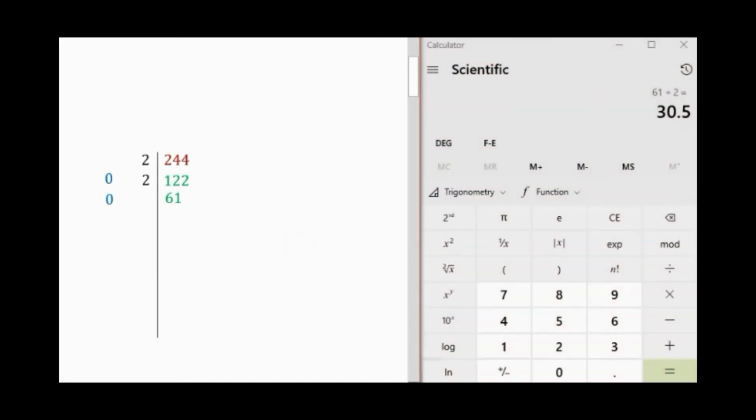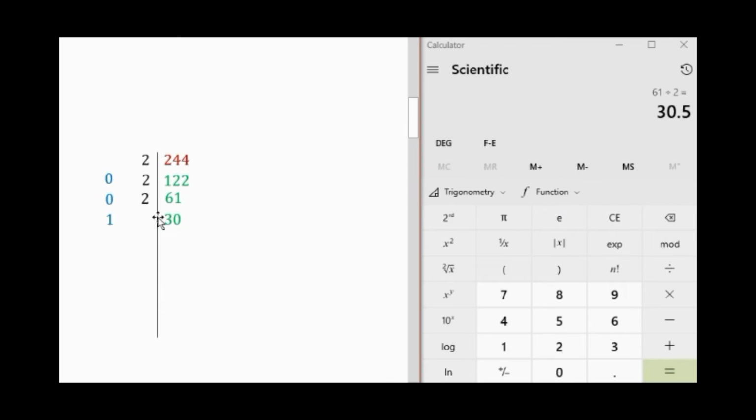What we do in this case, we take only 30, the integer part, the whole part. And because this is not only a whole number, it's with fraction, this is why we will have 1 as remainder. Our remainder is 1.